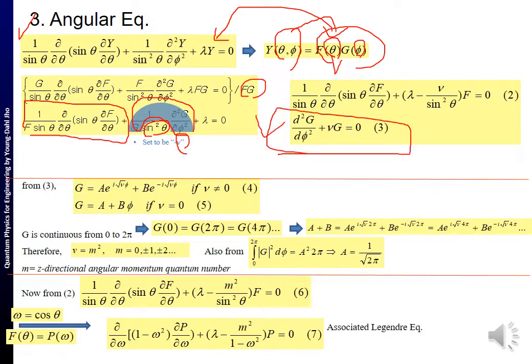This is actually very simple. The rest of the equation now simplifies like this, because we set this to be minus mu. Then you have this minus mu part here, and minus mu part here.